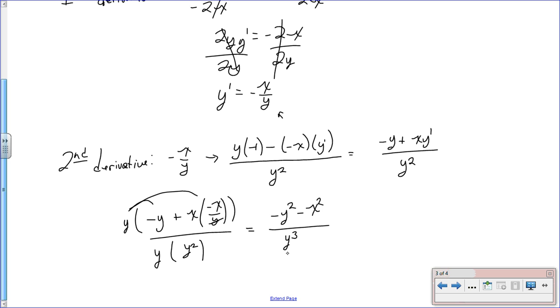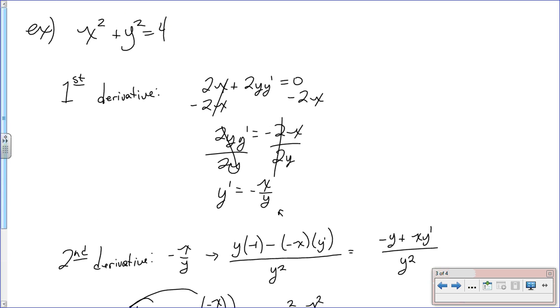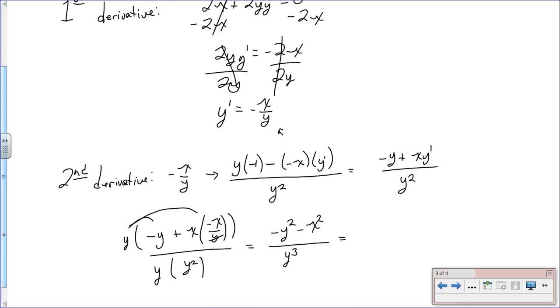Then you go back, and we have x squared plus y squared equals 4. So if we factor out a negative, we have x squared plus y squared over y cubed.